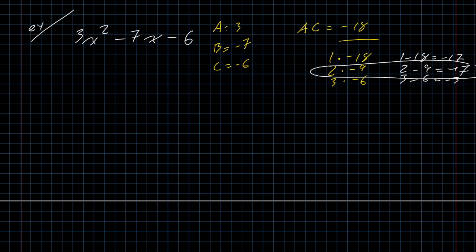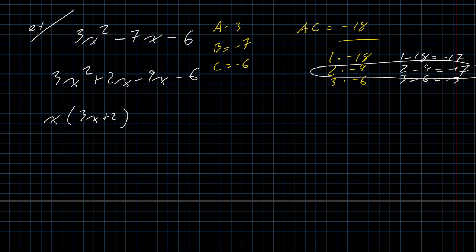So I will rewrite this. 3x squared plus 2x minus 9x minus 6. I will group things. In 3x and 2x, there's a common factor of x, leaving behind 3x plus 2.